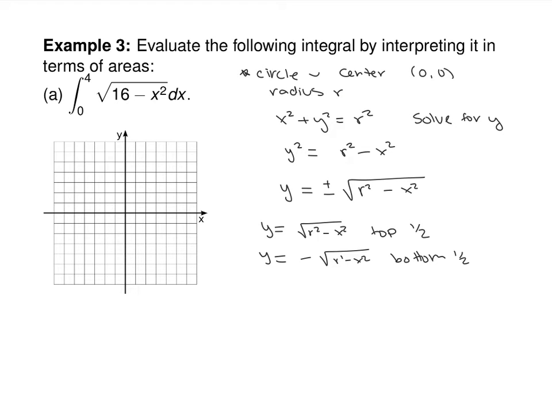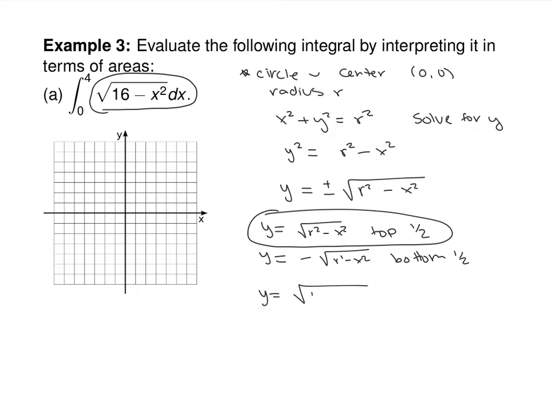So look at this thing. Do you see how that's a lot like this? So technically y equals root of 16 minus x squared. You could think about it as y squared equals 16 minus x squared, or x squared plus y squared equals 16, right? Except this is only the top half of a circle with r equal to 4.